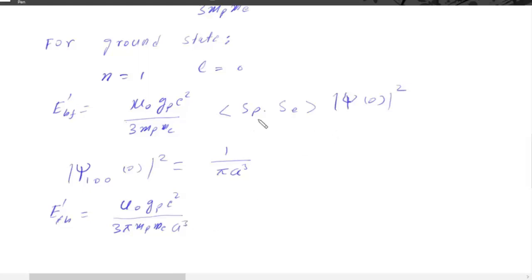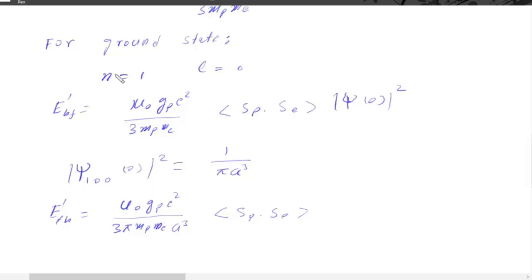Okay, and then this value as S_p · S_e. Okay, and this equation depends upon the coupling between the spin of the proton and the spin of the electron for the ground state.